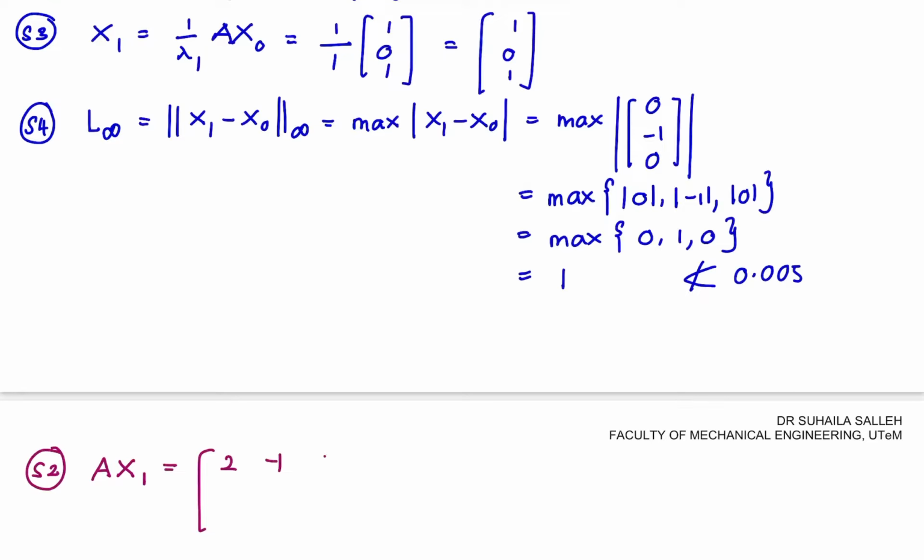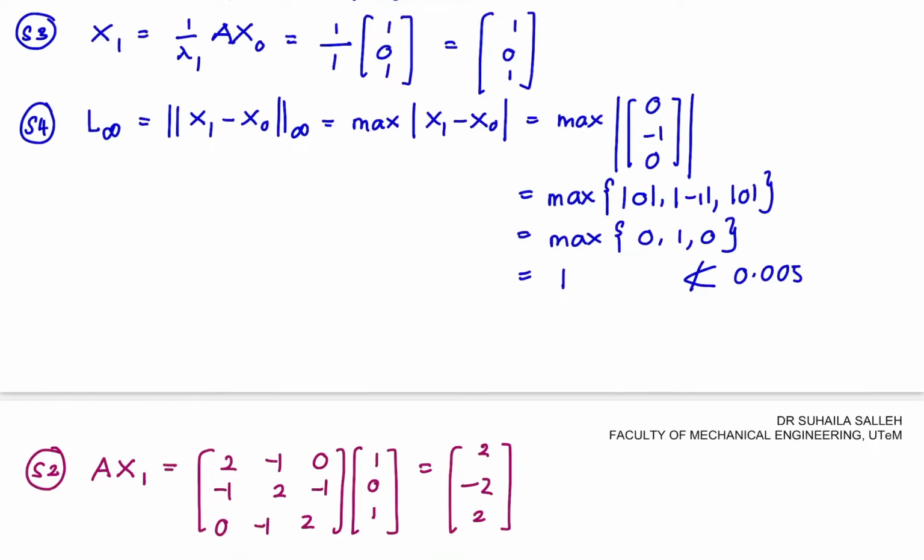A is 2, minus 1, 0; 0, minus 1, 2. We have already calculated x1 from the previous set, which is 1, 0, 1. Multiplying, our answer is 2, minus 2, 2.